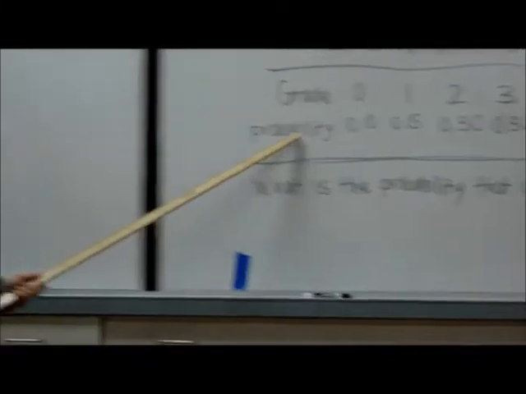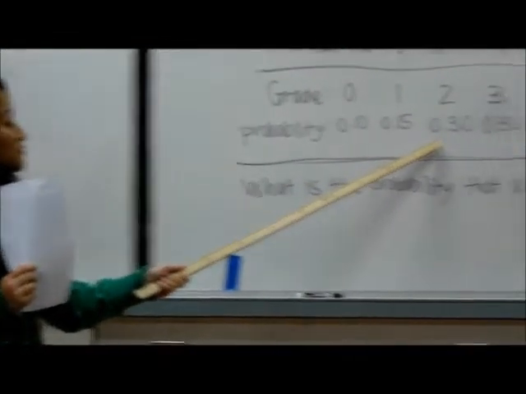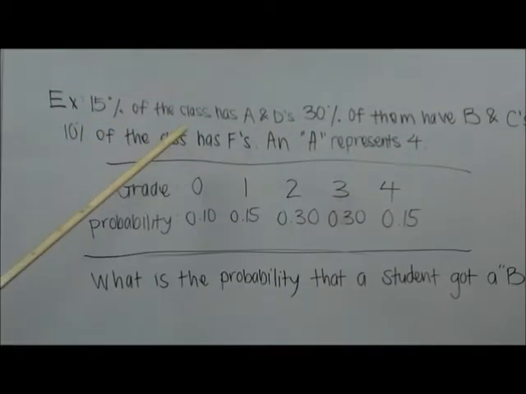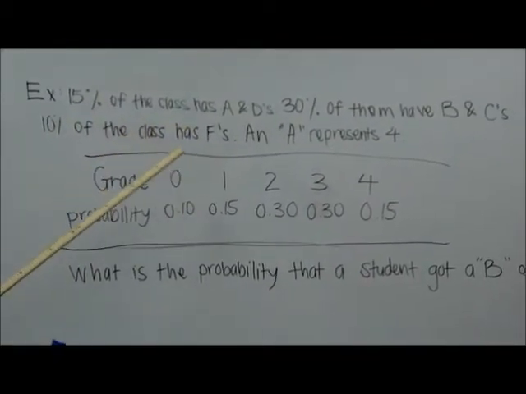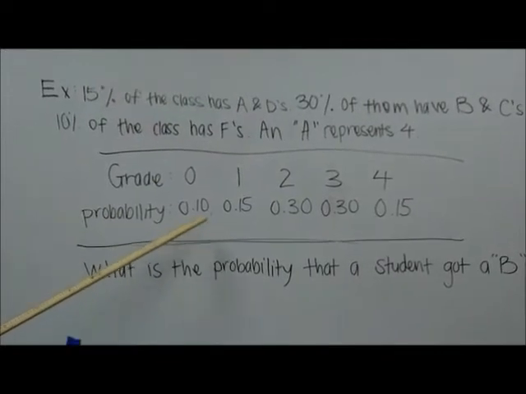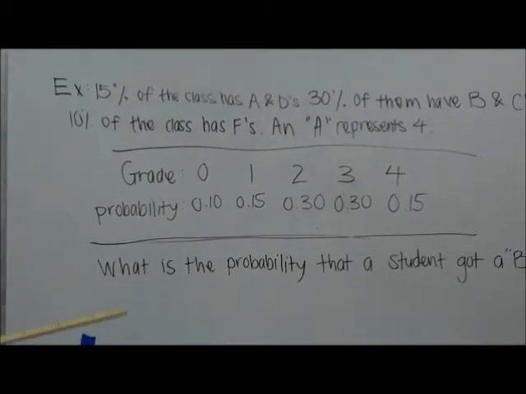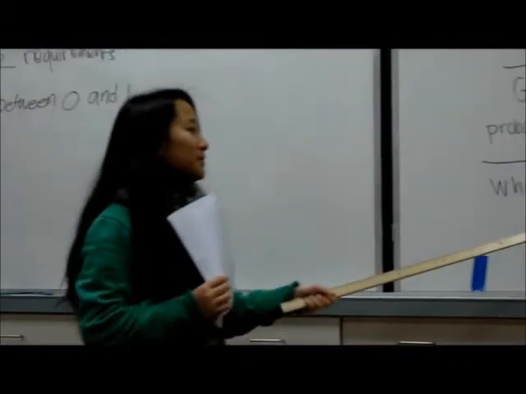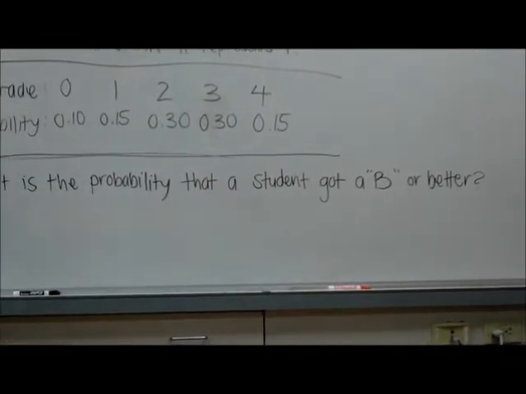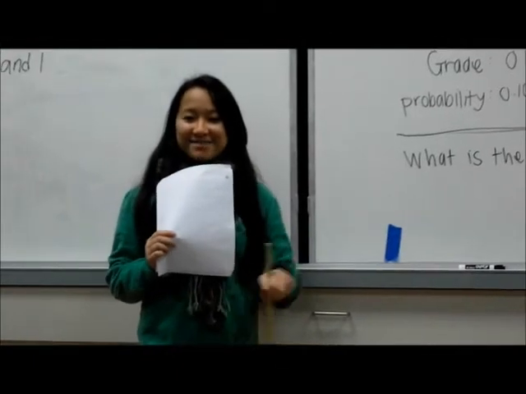The probabilities 0.10, 0.15, 0.30 come from the percentage of the class getting each letter grade. The question is, what is the probability that a student got a B or better? In groups, you should work on this.